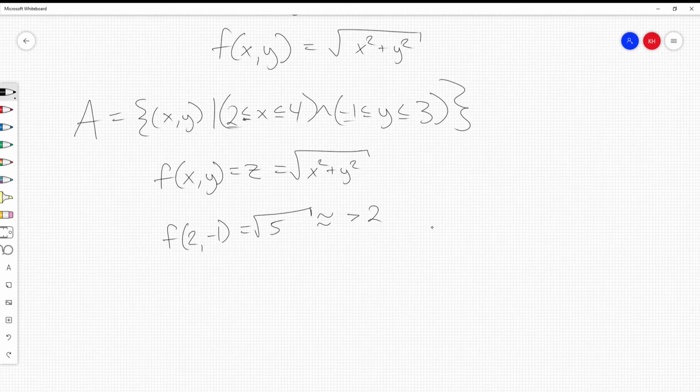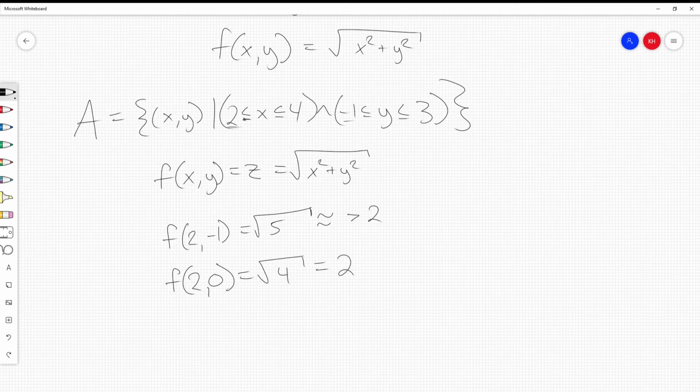And you might think, okay, we got the minimal value, but this is where we'd be wrong, because y is squared, so -1 is not the minimal value, because we'll still get a 1 out of it, no matter if we plug in -1 or 1. So in order to find the minimal value, we have to actually plug in (2, 0), which in this case will be the square root of 4, which is exactly 2. This is our minimal value.